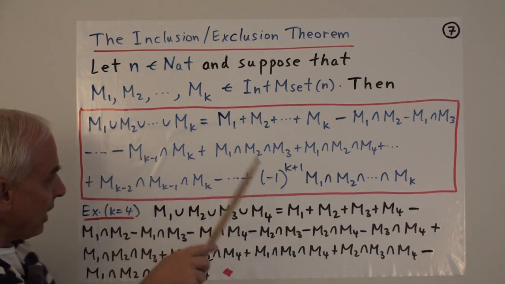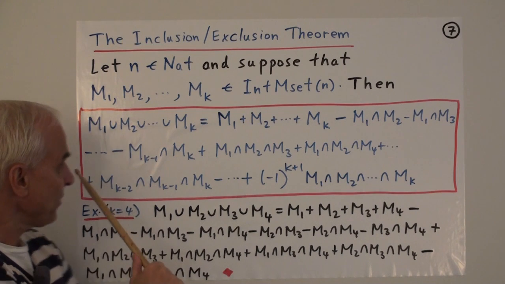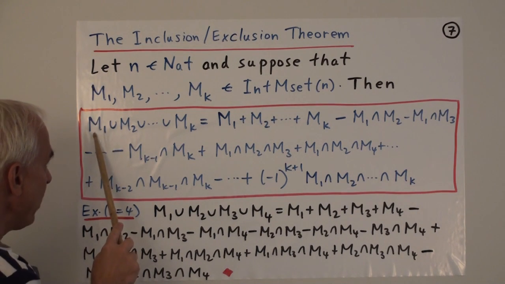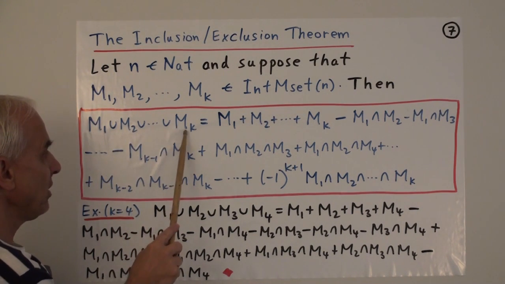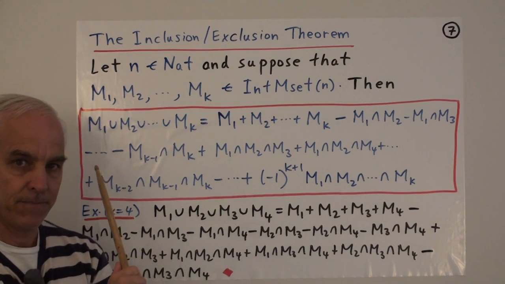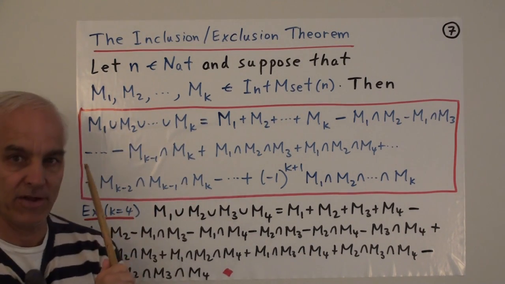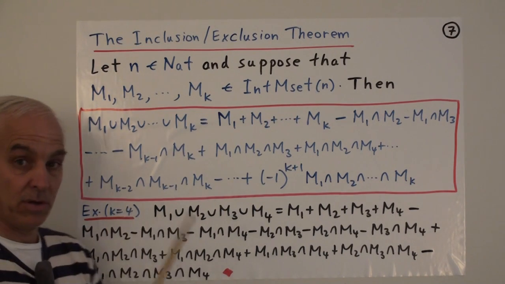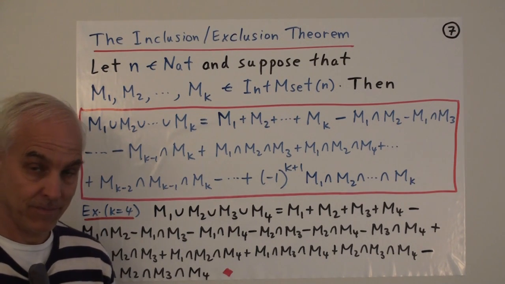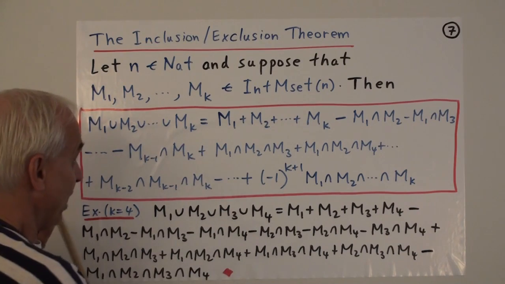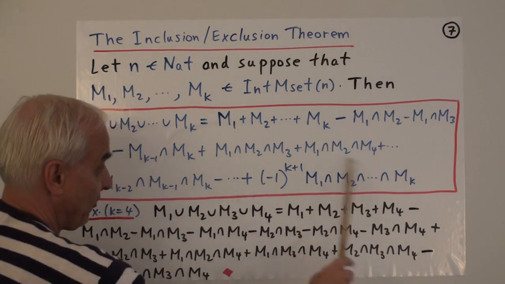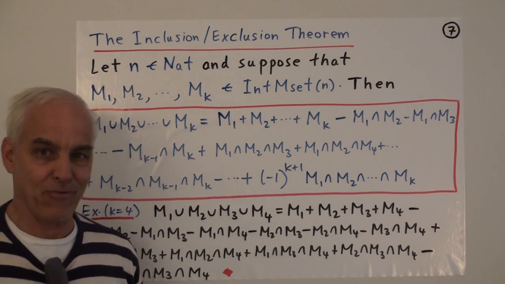Okay, so here is then the statement. The statement is that M1 union M2 union up to union Mk. So this is the union of these k integral msets. That's going to be another integral mset. So that integral mset is the same as the integral mset that's represented by this long right-hand side.